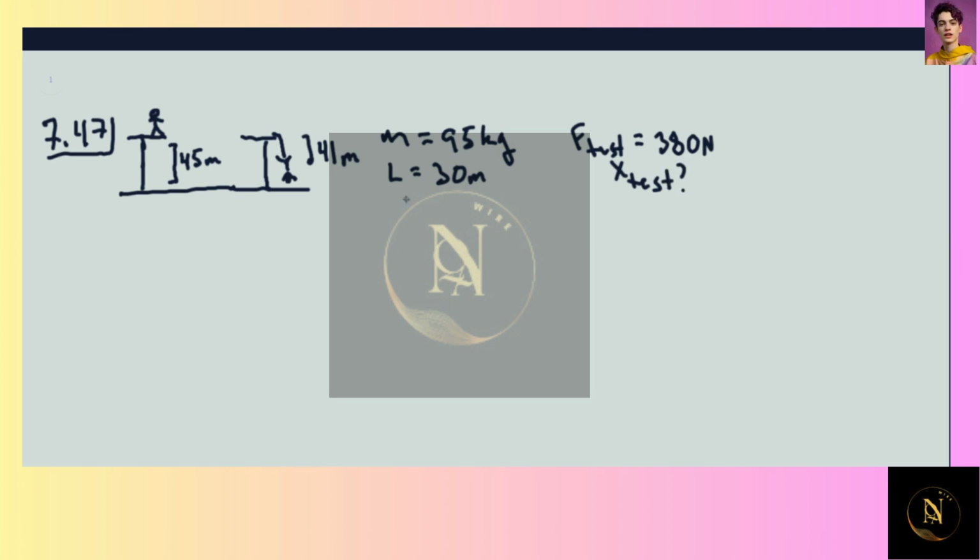So first we need to figure out what the spring constant is that this bungee cord needs to have. And for this we'll use the conservation of energy. So if we call the point 41 meters from the top y equals 0, then since he's starting at rest, his kinetic energy will be 0.